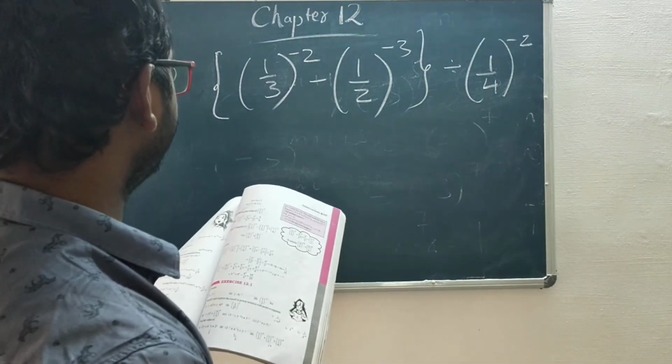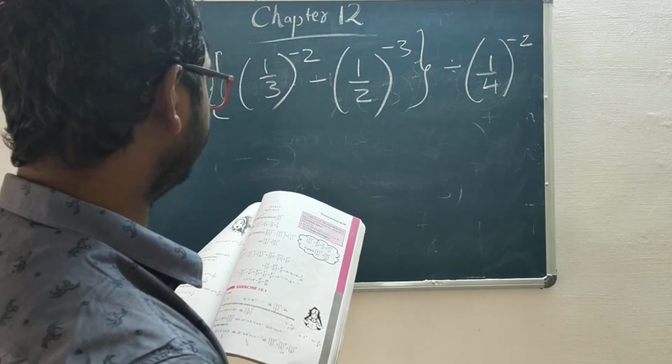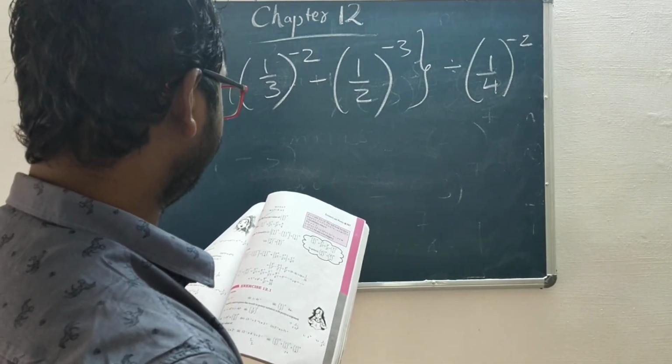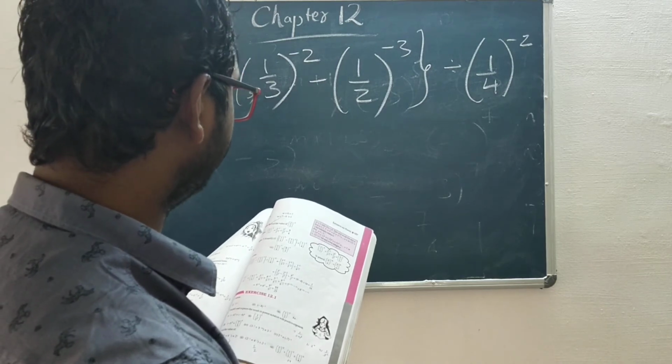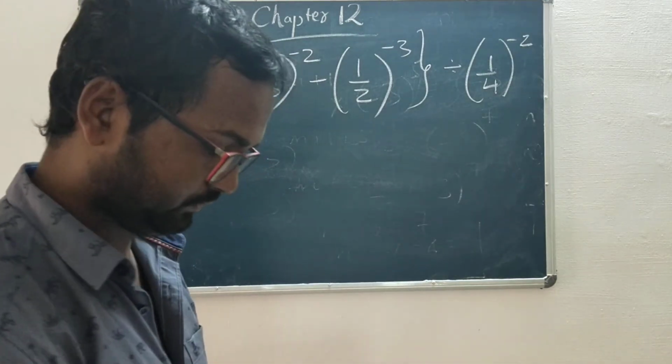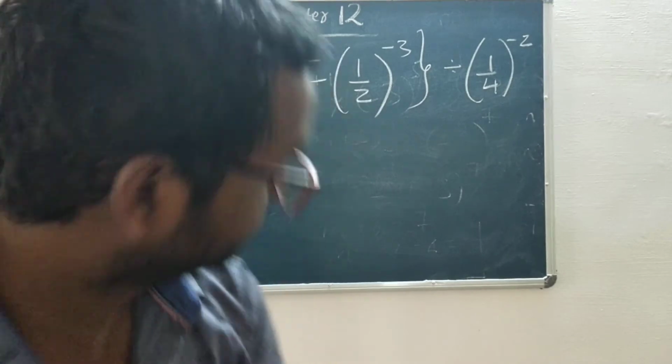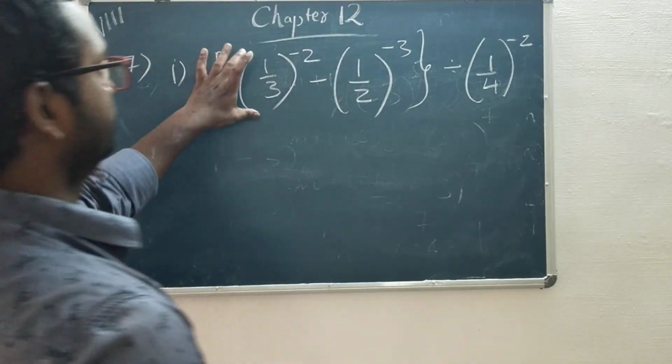One by 3 power minus 2 minus 1 by 2 power minus 3, divided by 1 by 4 power minus 2. Okay. Now let's start from here.